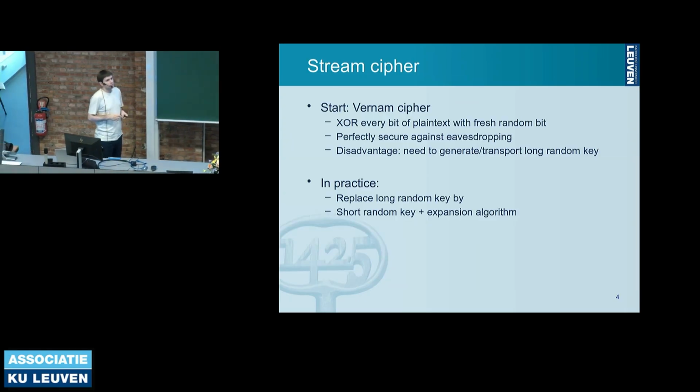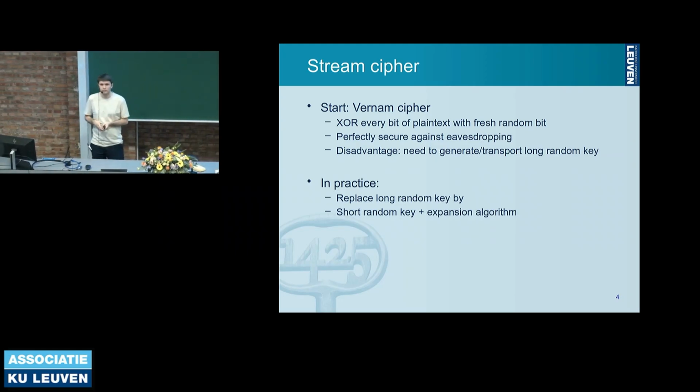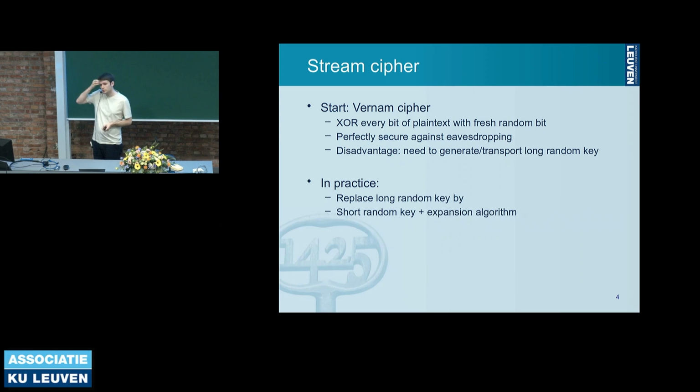First of all, let me tell you that there is actually a perfectly secure way to solve this problem, and it's very simple. It's called Vernam's one-time pad. Suppose that I have a very long stream of random bits.